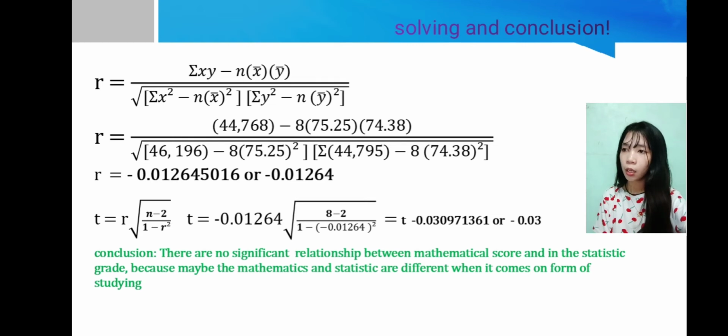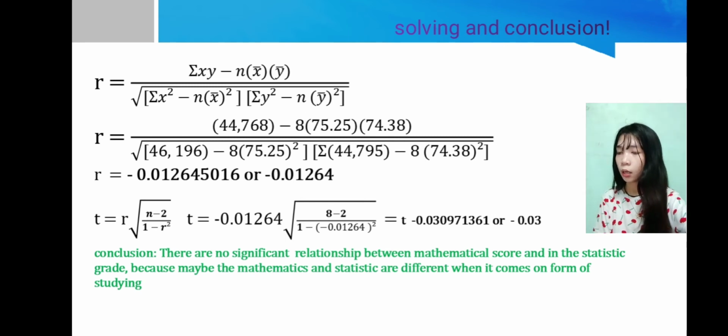R equals negative 0.012654016 or negative 0.01264. Next, compute the t. T equals radical sign n minus 2 over 1 minus r raised to 2.